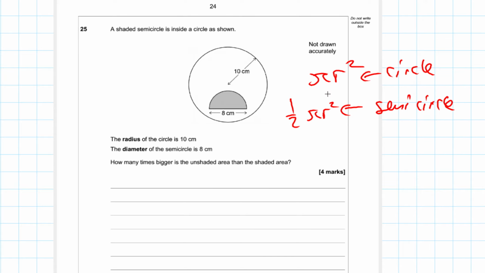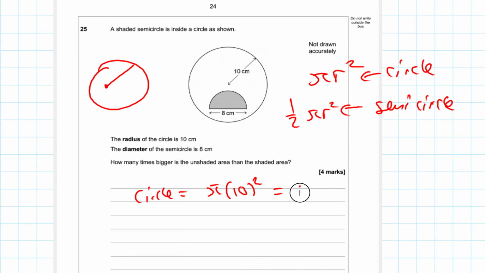So if we do the circle and we plug it in, the circle is going to be pi times 10 squared. Remember, the radius is the distance from the middle to the side, it's not the full length. So this is equal to 100 pi. For the semicircle, remember this is the diameter, so we need to halve it.